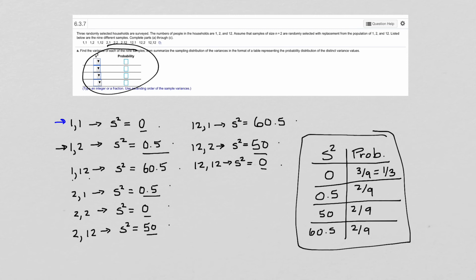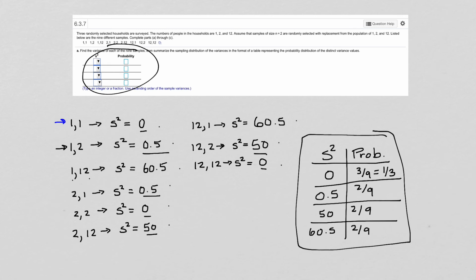The next part, they're going to ask me if the mean of the sample variances is equal to the population variance. Because we know that sample variance is a good estimator of the population variance, we know that those are going to turn out to be equal.